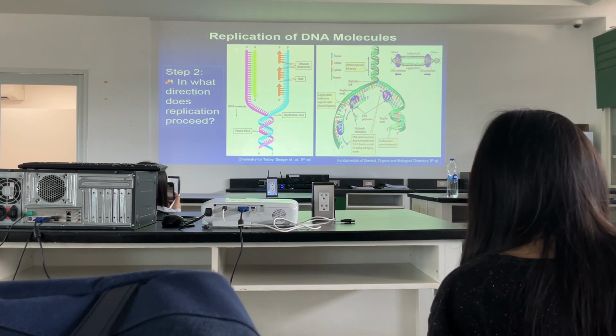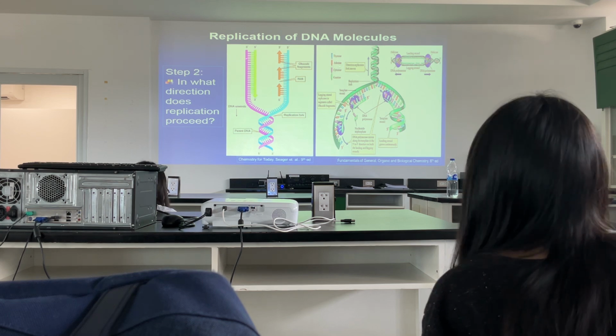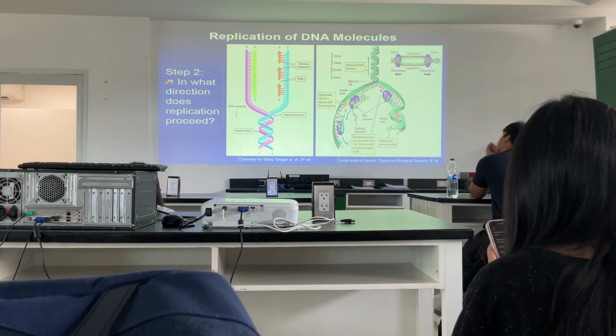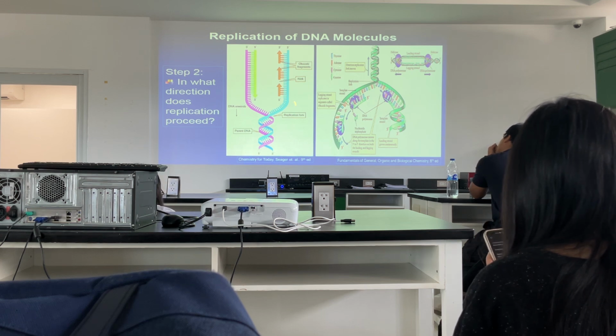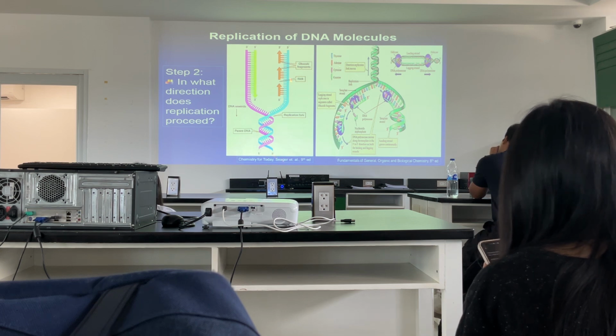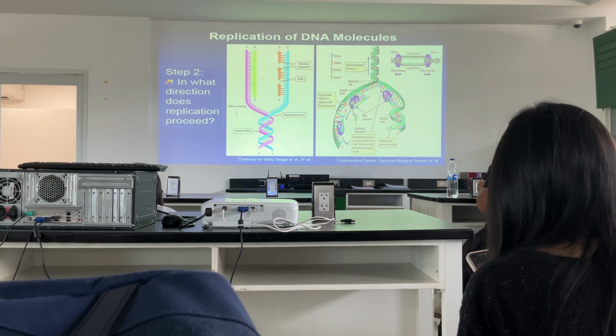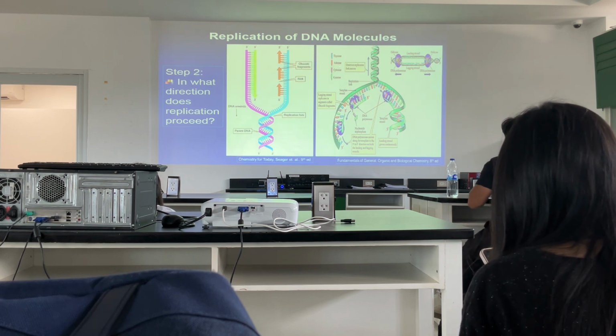So that is where the direction of replication will occur, from the 3' to the 5' end in this template strand, while in this template strand it runs from here, 3' going to the 5' end, because the two strands run anti-parallel.